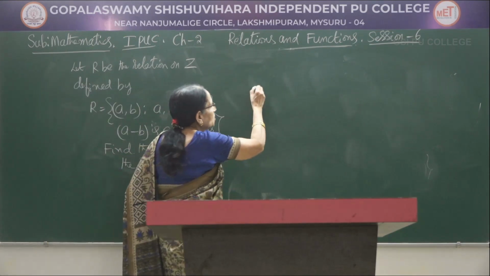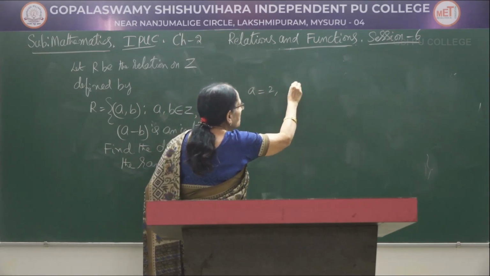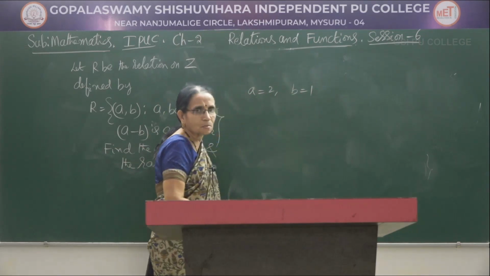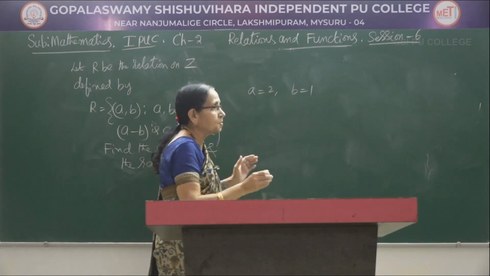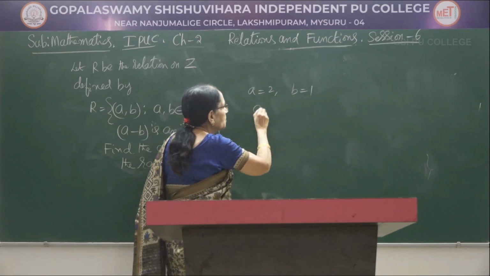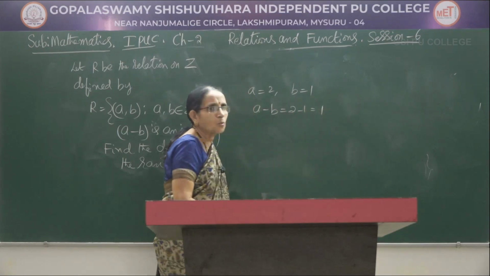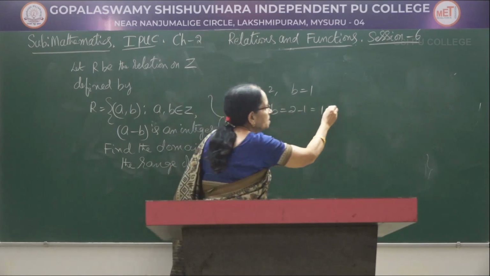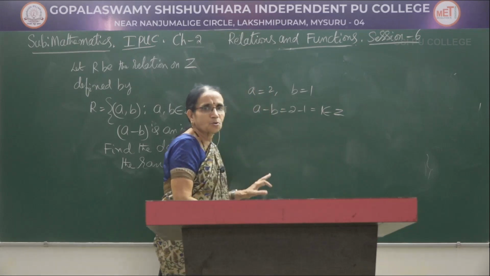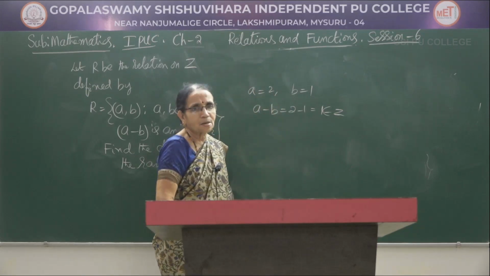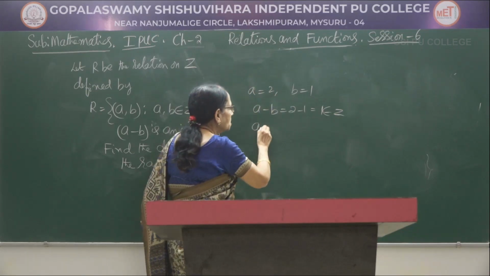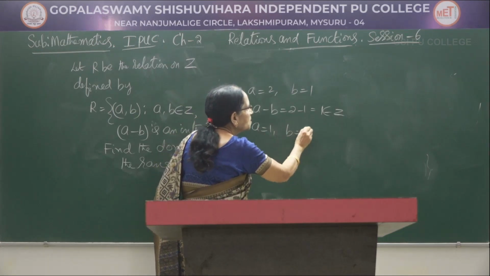Suppose I take A equal to 2, B equal to 1. Then A minus B, the difference. What is A minus B? A minus B is 2 minus 1, which is 1. You know that 1 is an integer. So, 1 belongs to Z. So, this combination I can take. Suppose I take A equal to 1 and B equal to 2.